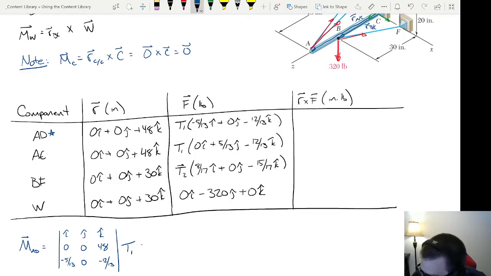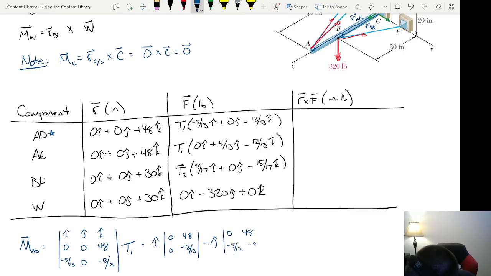And so when it's all said and done, I would handle each of these one at a time. First off, do the cross product. For the cross product, we have I, and we have 0, 0, 48 minus 12 over 13, minus J, and then we get 0, 48 minus 5 over 13 minus 12 over 13, plus K, and then there's 0, 0, 0 minus 5 over 13.